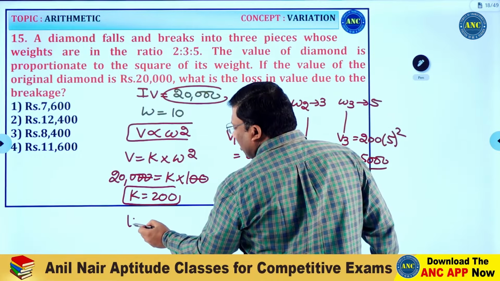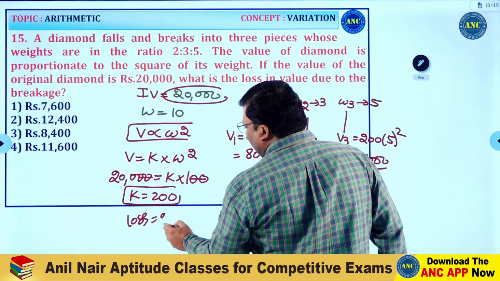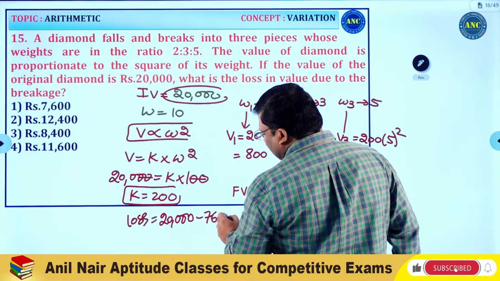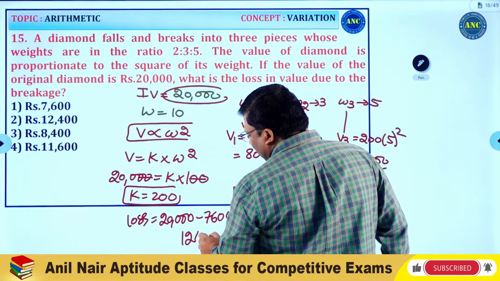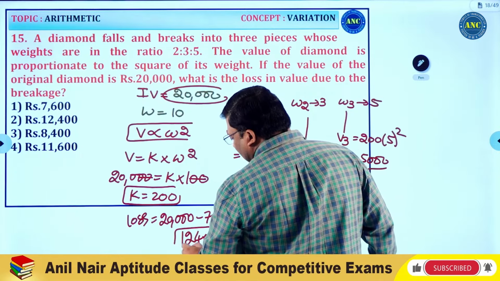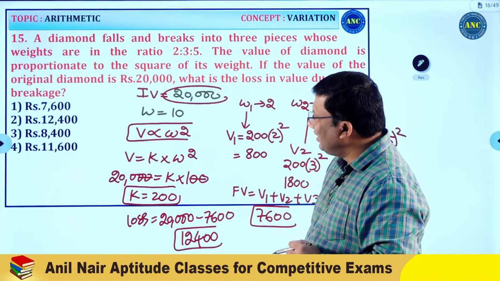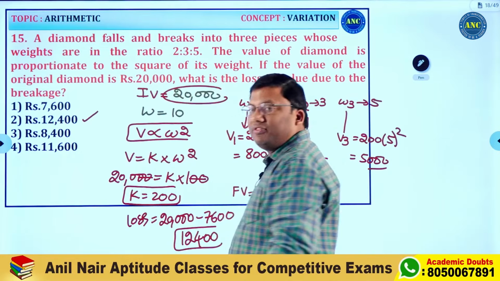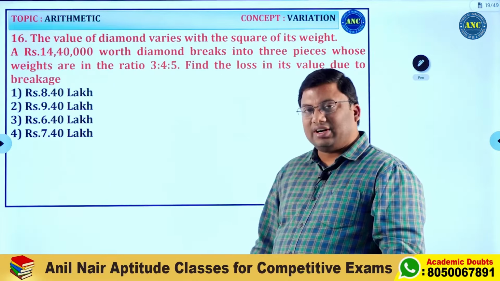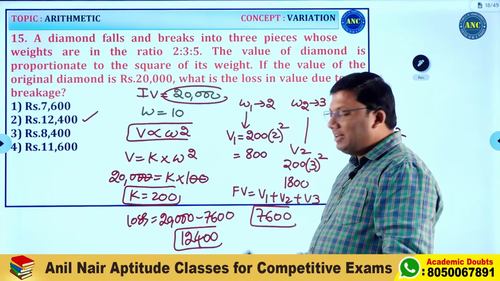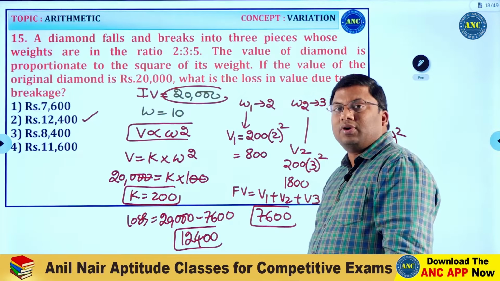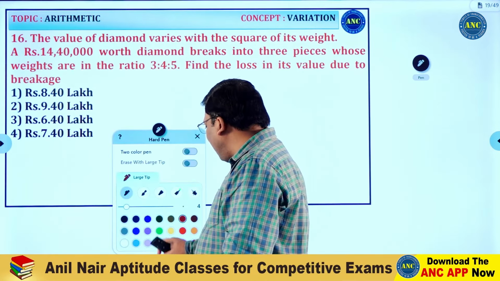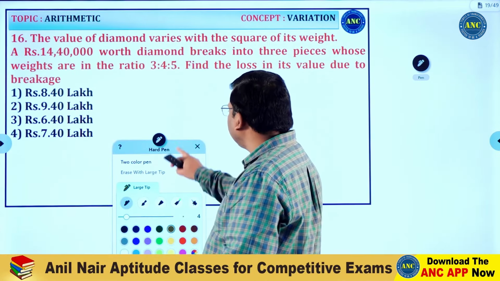What is the loss? 20,000 minus 7,600 is 12,400. The answer for this question is 12,400. Concept clear, right, sir? This is how you should solve this kind of questions. Next one.